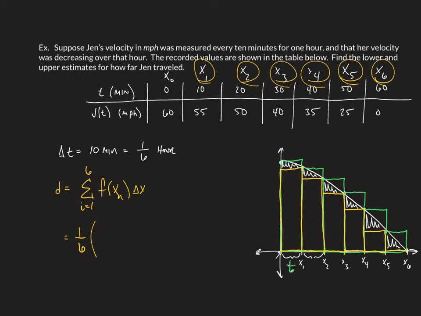So my first rectangle's height is no longer dictated by f of 0. It's now dictated by f of 1/6, or f of 10 minutes, which is 55. And then my second rectangle's height is dictated by f of 20 minutes, or f of 2/6. And this continues.